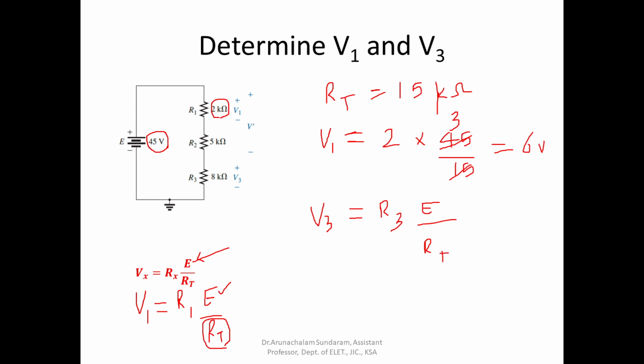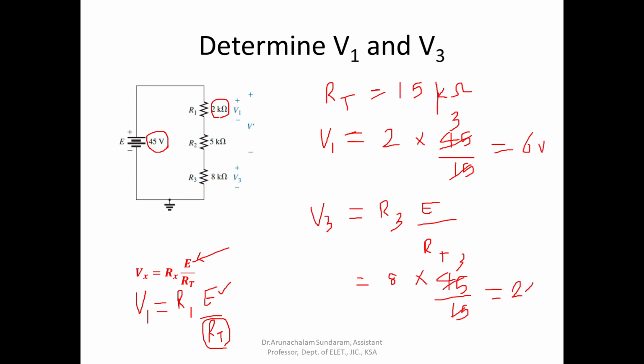What is R3? R3 is 8 kilo ohms. So 8 into what is E? E is 45. And what is R total? R total is 15. So this becomes 15 by 3. So 8 into 3 is 24. So V3 is 24 volts.